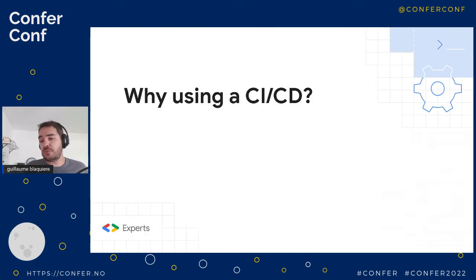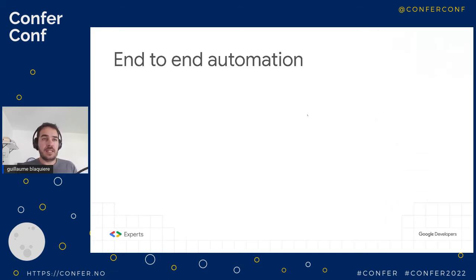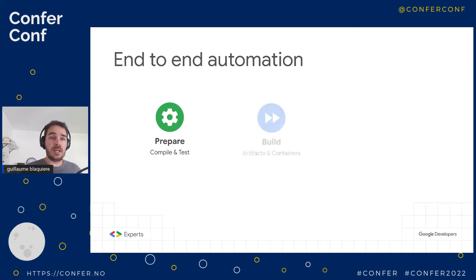Before talking about the detail and how to implement CI/CD on Google Cloud with Cloud Build, just a reminder of why it's important to use CI/CD. In fact, when you perform developments, you have a step where you prepare your code. You have to compile it, test it, package it.